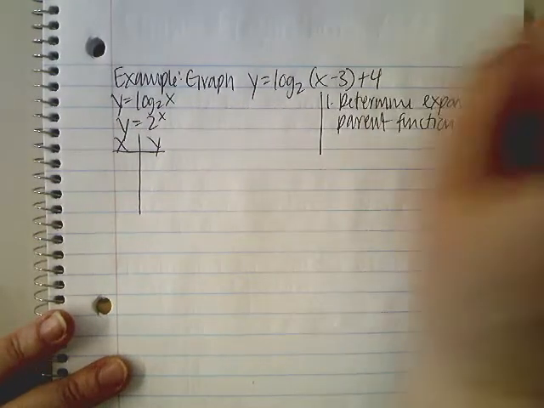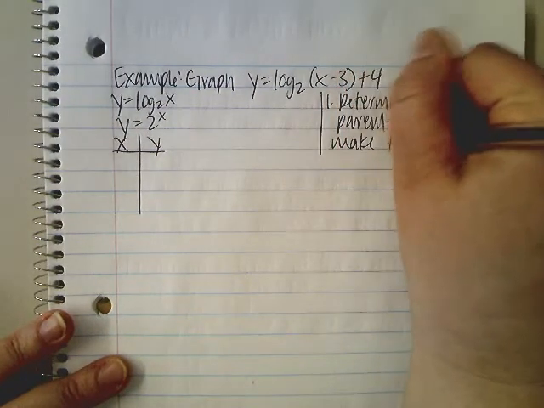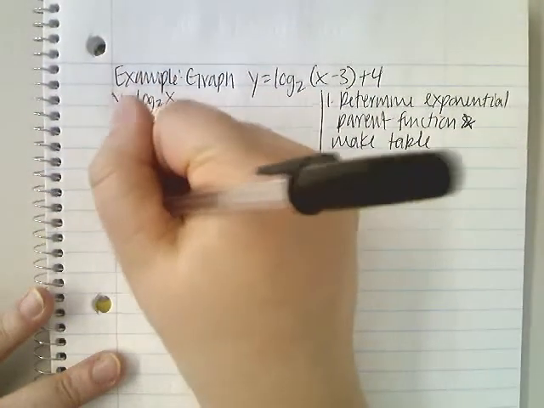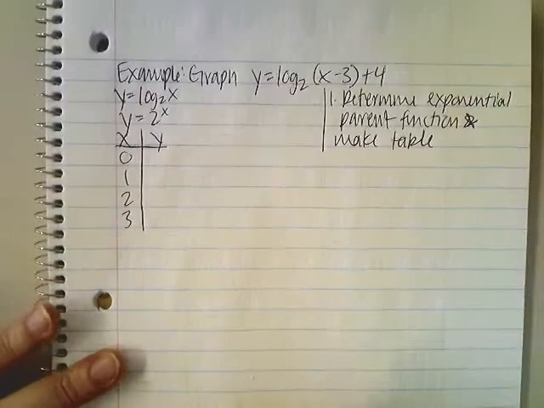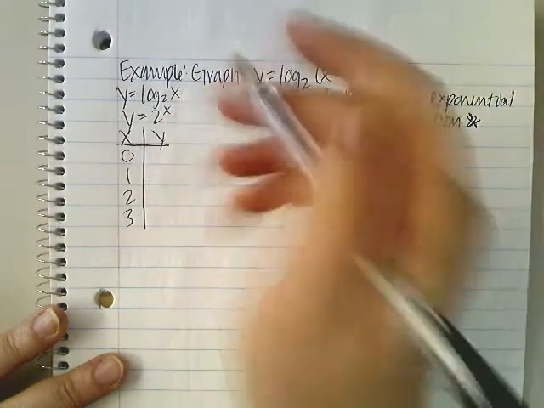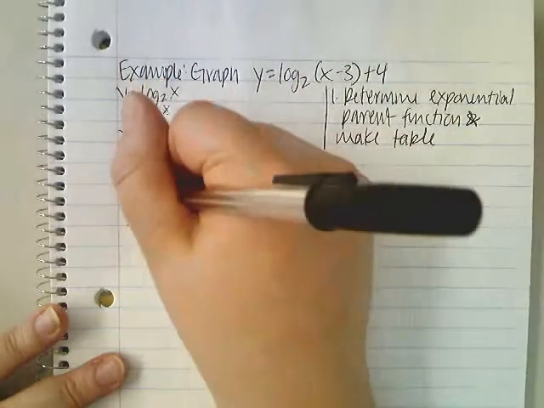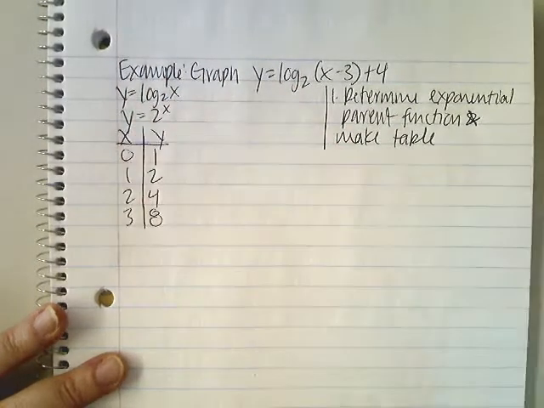So I'm going to make a table. If I plug in those values, 0, 1, 2, 3, we'll just do that. Then you plug in 0, you get 2 to the 0 is 1, 2 to the 1 is 2, 2 to the 2 is 4, 2 to the 3 is 8.